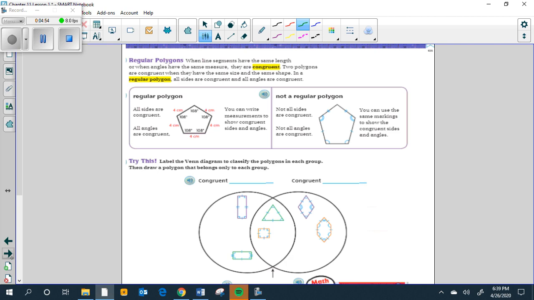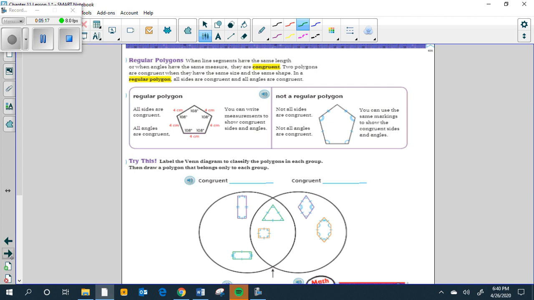Regular polygons. When line segments have the same length or when angles have the same measure, they are congruent. Two polygons are congruent when they have the same size and same shape. In a regular polygon, all sides are congruent and all angles are congruent.